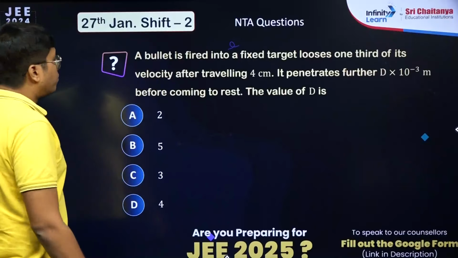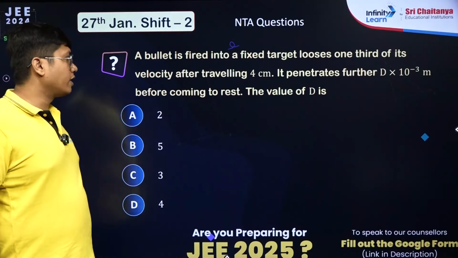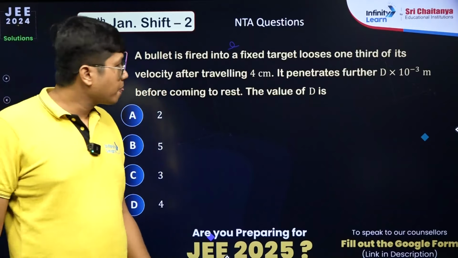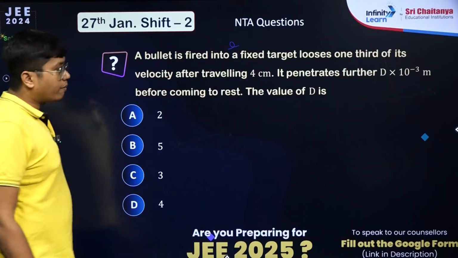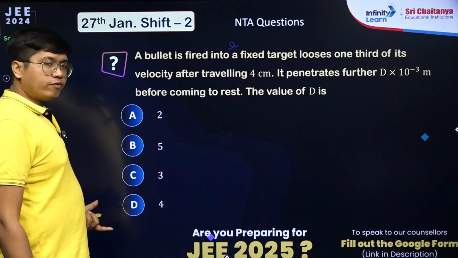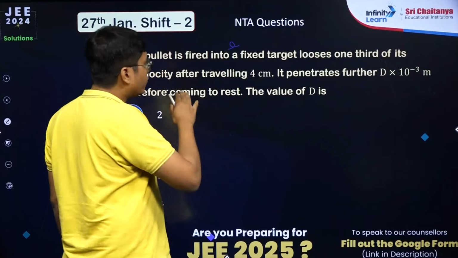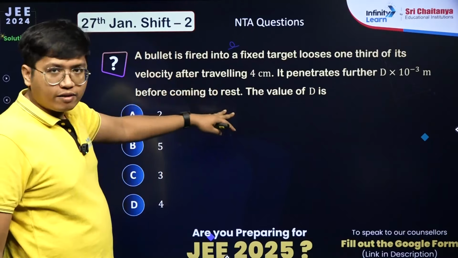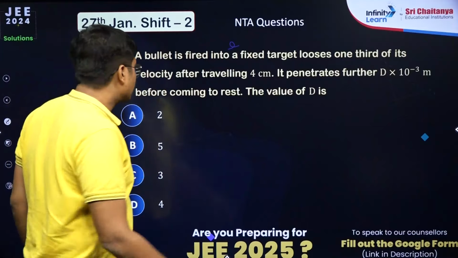Next question says, a bullet is fired into a fixed target, loses 1/3 of its velocity after traveling 4 cm. It penetrates further d into 10 to the power minus 3 meter before coming to rest. What is the value of d? So over here, what you can do, that 1/3 of it is done after traveling 4 cm. Then how much further it penetrates after traveling this entire thing.